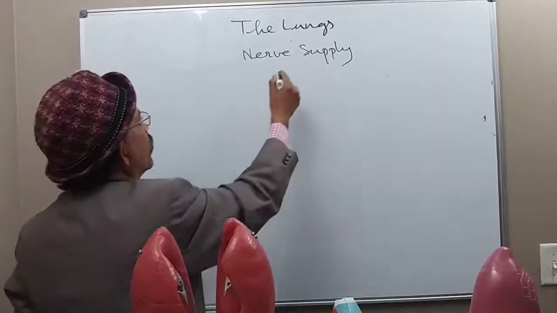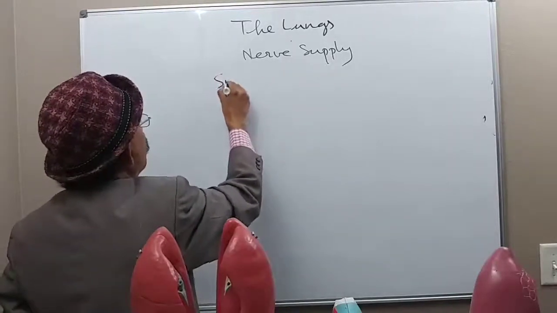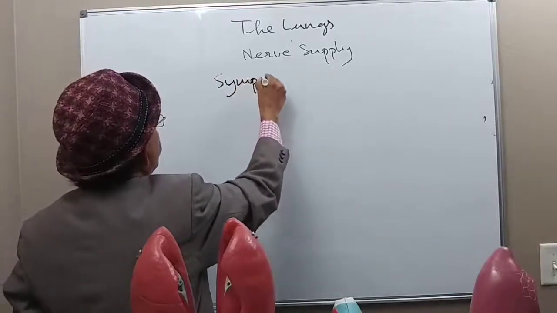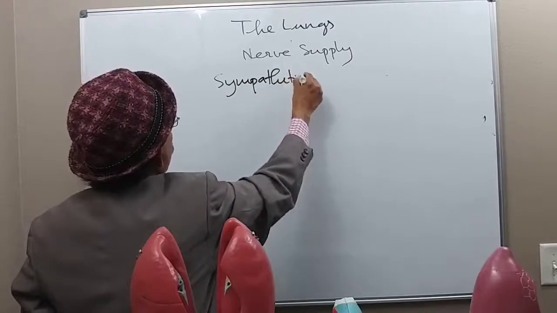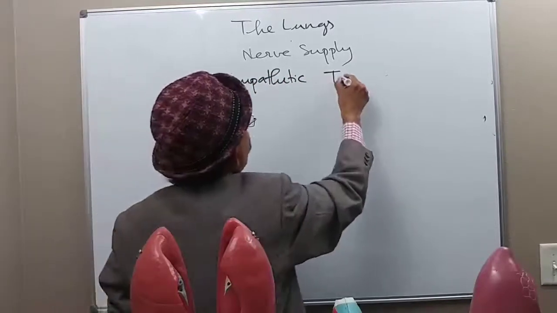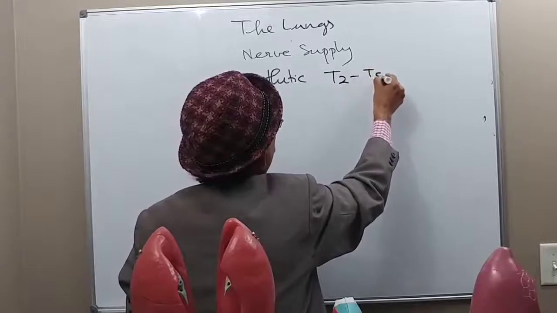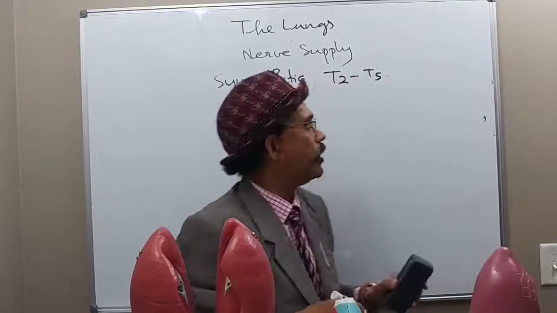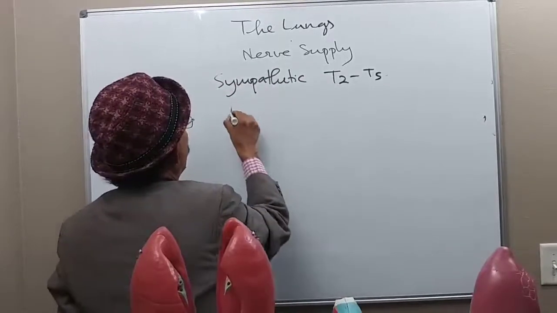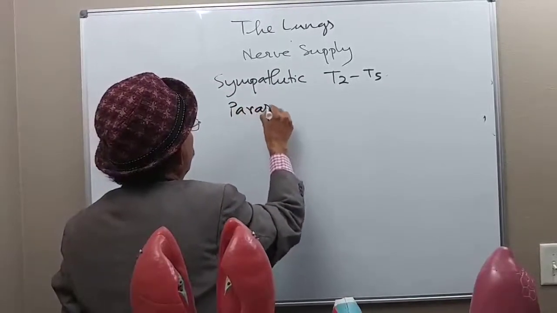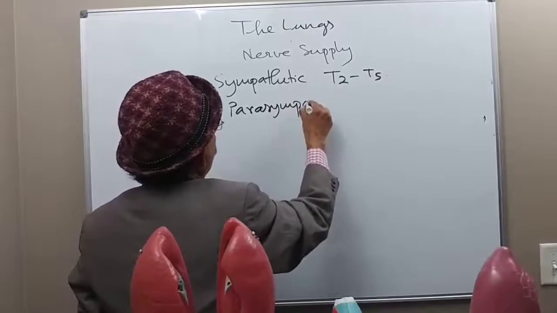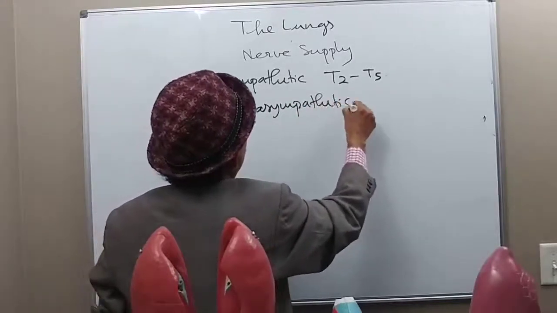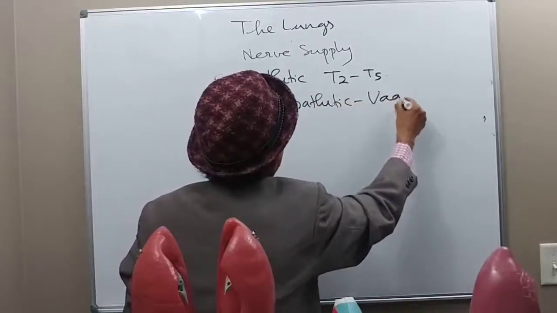Okay, so we have nerve supply. Sympathetic is usually T2 to T5, from the lateral gray horn of the spinal cord. Parasympathetic is carried out by the vagus nerve.